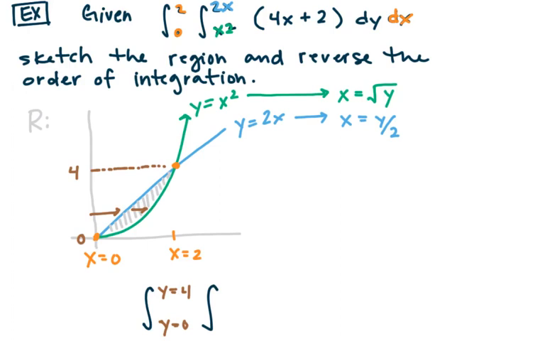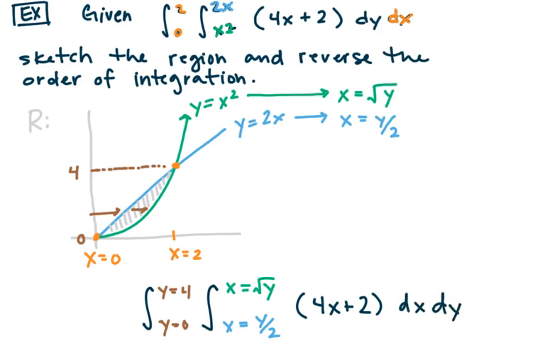So we have x equals y over 2, and then x equals square root of y, of 4x plus 2, and that gives us dx dy. All right, so we can set it up this way or that way.